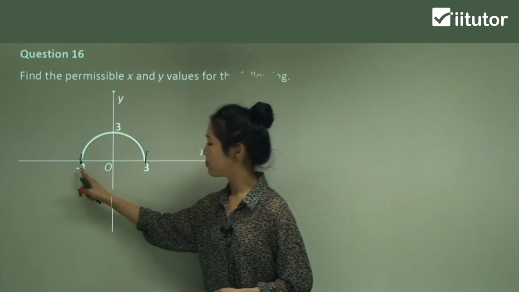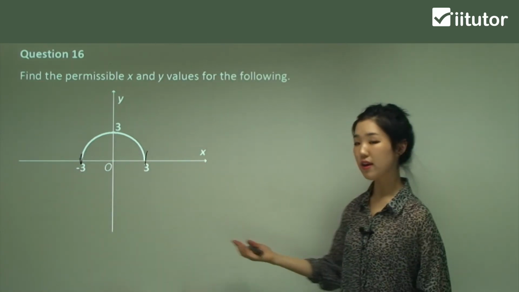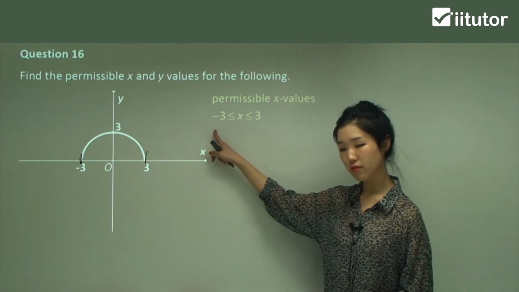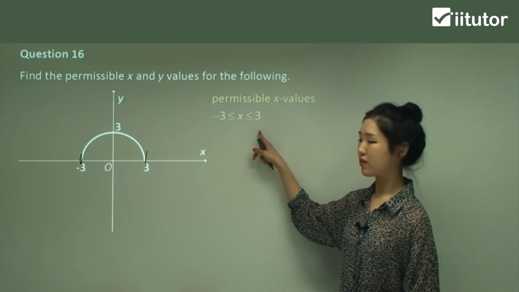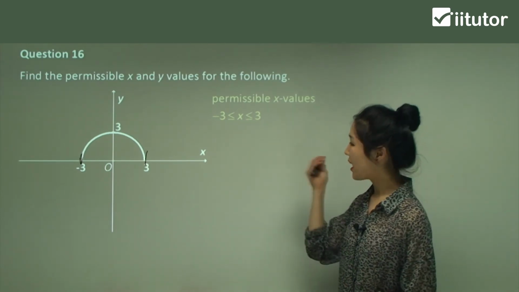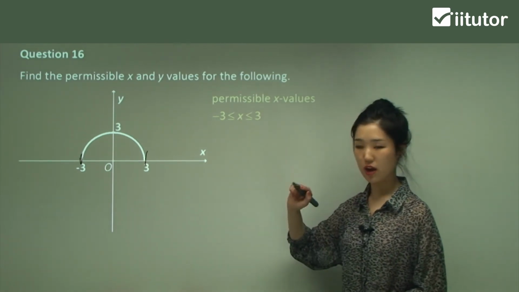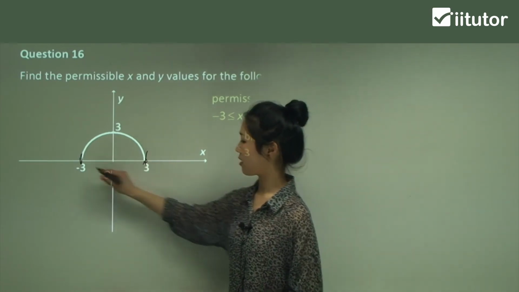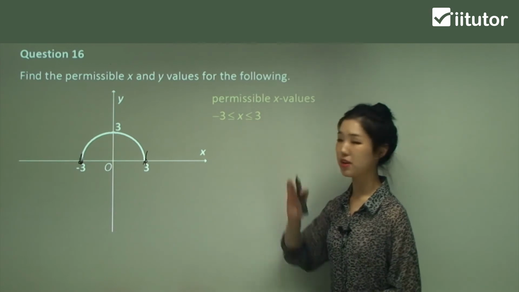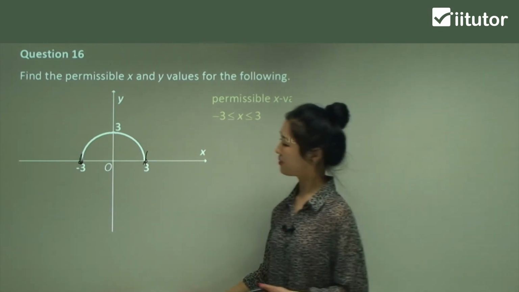So the graph is only between -3 and 3, so the permissible x values are x is greater than or equal to -3 and less than or equal to 3. So x is between -3 and 3, including them. Make sure you have the equal to sign because the graph is also on -3 and 3, so it's including those two values. Easy, isn't it?